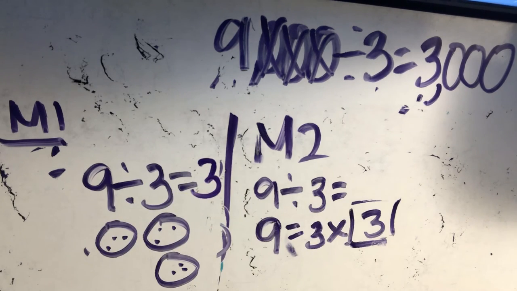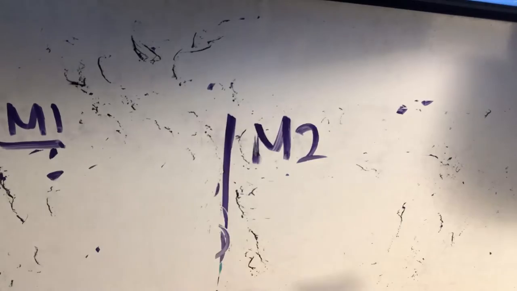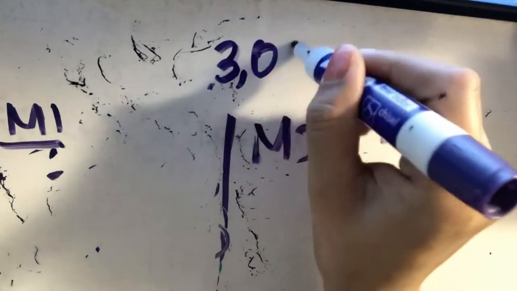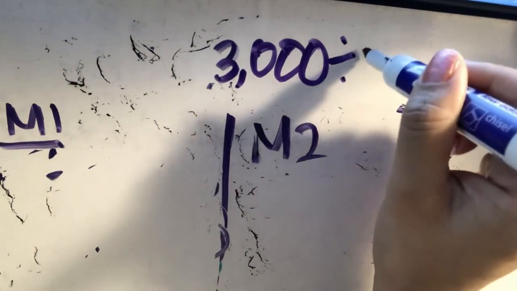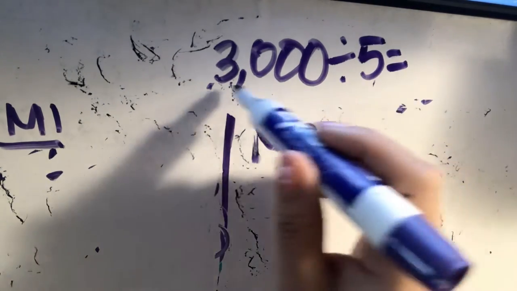Okay. All right, your next one is going to be 3,000 divided by 5. This one, remember, it's one of the trick ones. So 3,000 divided by 5. And it's not necessarily hard, it's just a little tricky. So is 5 smaller than 3?